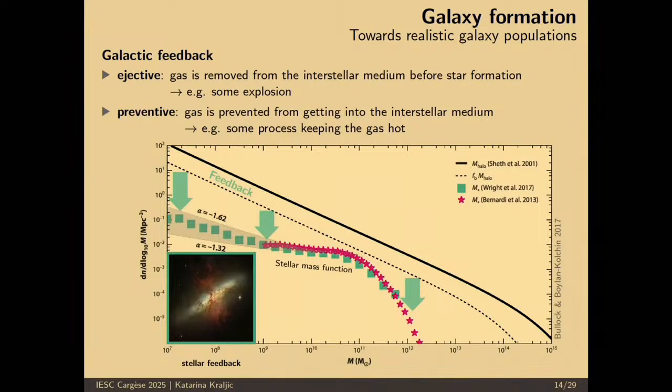However, there is this knee, and then the relation turns down. So we need, again, some kind of feedback also at high masses. So this equilibrium model suggests that we need some huge amount of preventive feedback. It could be ejective also, but it cannot be supernova. Why can it not be supernova?